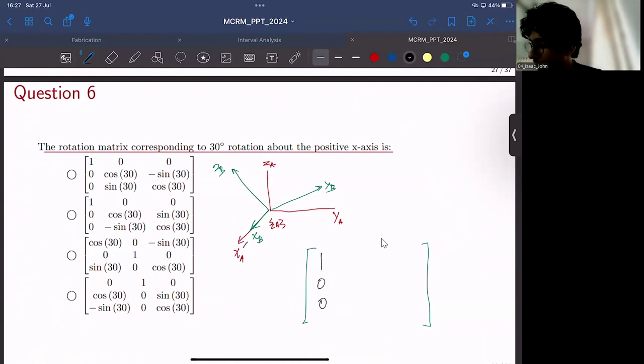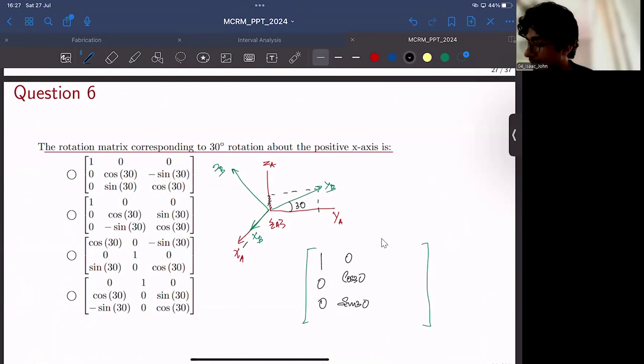XB with ZA is 0, right? And now this is 30 degrees. So the second column would be the direction cosines between YB and the XA, YA, and ZA axes. Angle between YB and XA would be 90 degrees, so that makes it 0. YB and YA direction cosine is cos 30. And YB and ZA is this projection, that will be sine 30.